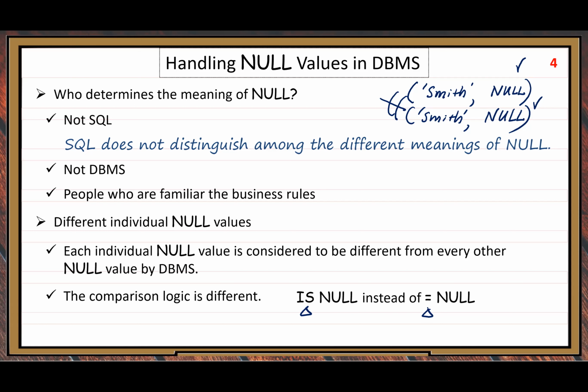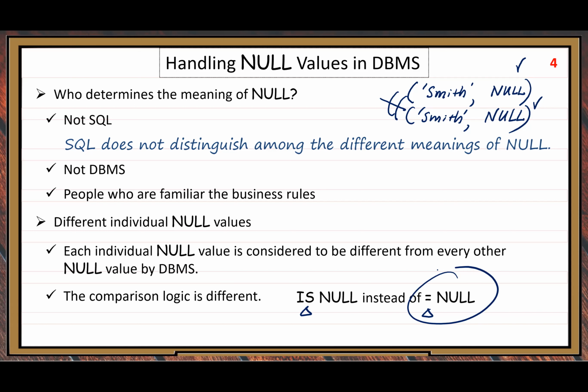But if you use an equals comparison, the DBMS treats it as a different value. It does not tell you if it's null or not, but just tells you this value is different from that specific null. So be aware of this special situation.